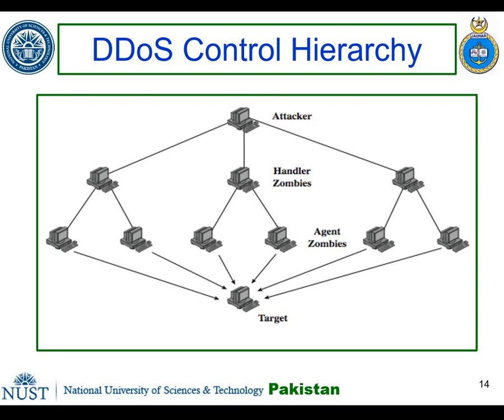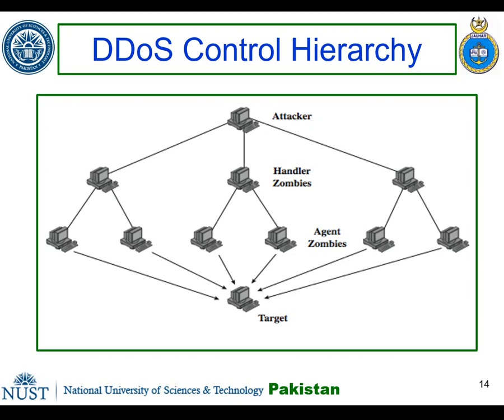In DDoS attacks, although the attacker could command each zombie individually, more generally a control hierarchy is used, as shown in this slide. A small number of systems act as handlers controlling a much larger number of agent systems.